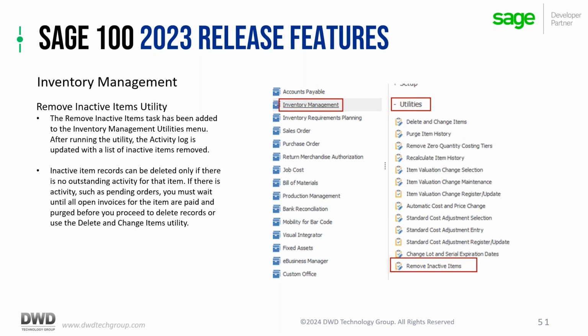There's a delete and change items utility that some people use that says, merge these 100 items into one item code, right? Great, we can totally do that. What we have to do, though, is copy the live company to a test company. And then we've got to run that utility with whatever you want to do and time it, because you can't be in the system when it's doing the work, and it has to go through every single table that has item information in it for history.